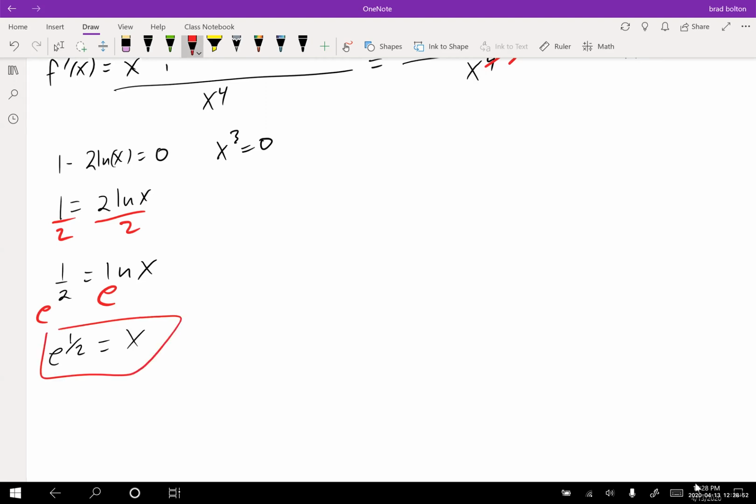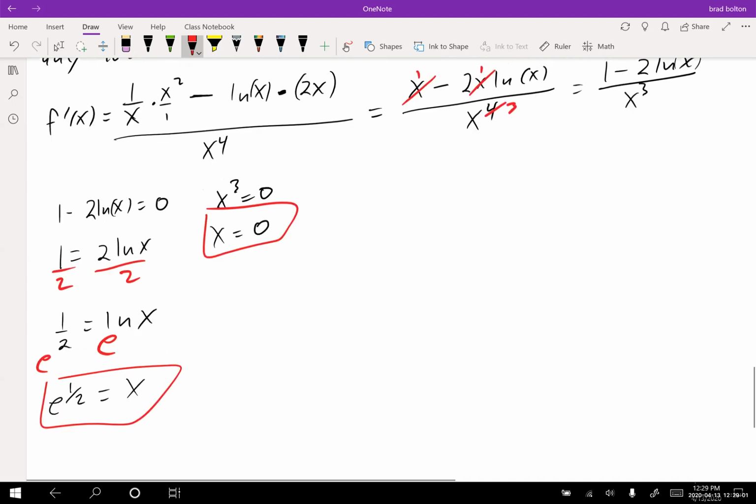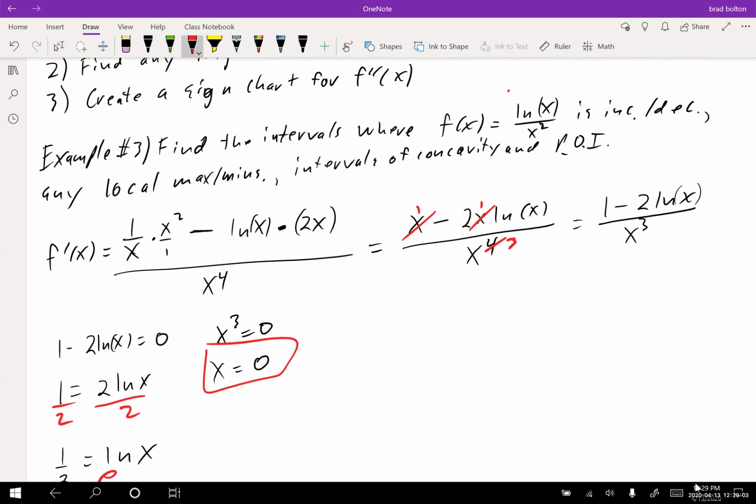So we think this is a critical number. And then x equals 0, we think is a critical number. These are possible critical numbers. However, we have to go back to the original problem, ln of x over x squared. What number are we not allowed to plug into there? Think about that. We are not allowed to plug 0 in, right? For 2 reasons. Number 1, you can't have the ln of 0, and also you can't divide by 0.